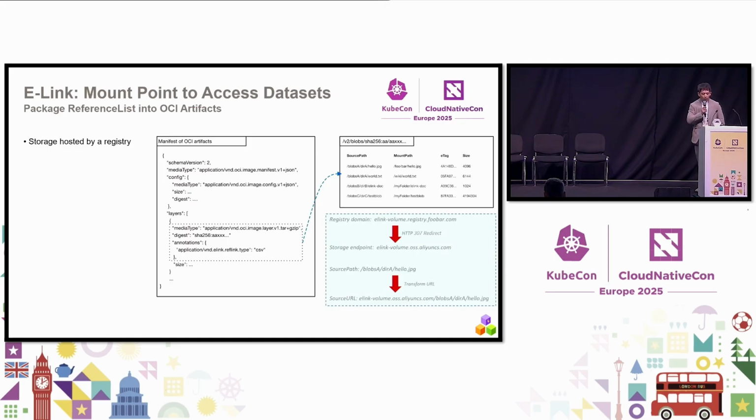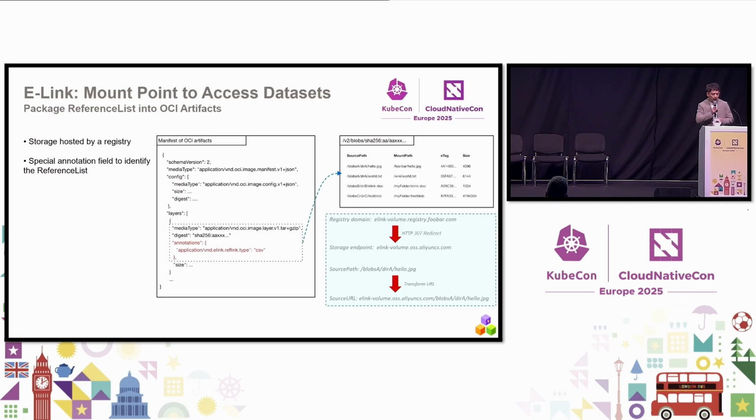As we all know, when we try to get a blob from the registry API, the registry will return either a redirect URL or the blob content, depending on the status code. So it's easy to get the backend storage endpoint from the registry API, and combined with the source path field, we can get the actual path of the target blob.